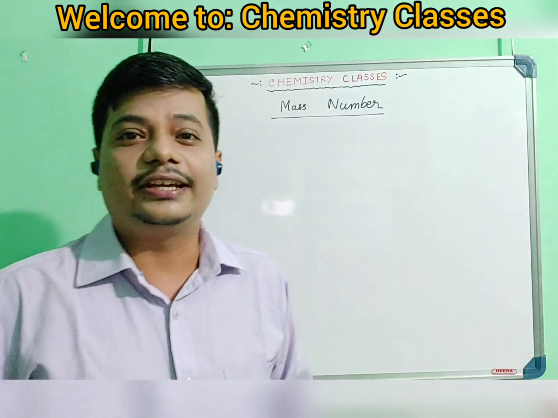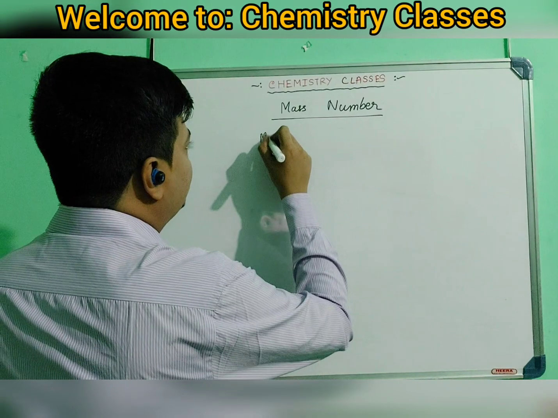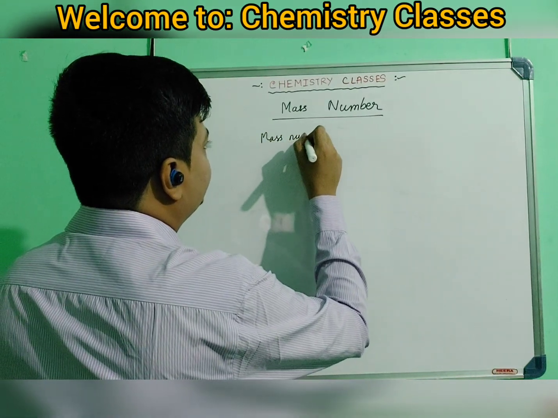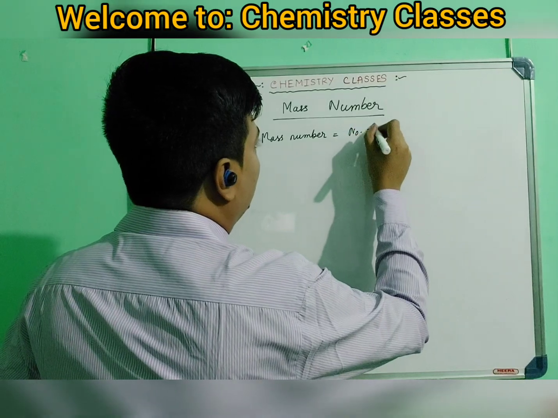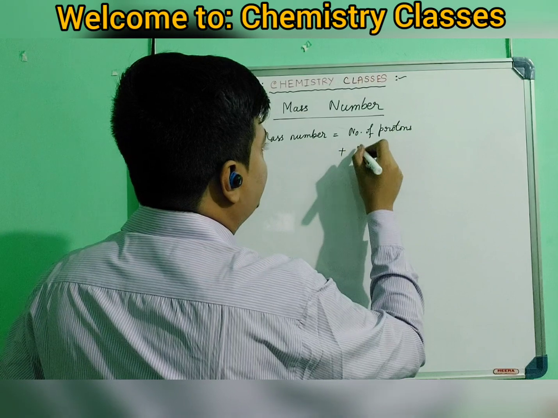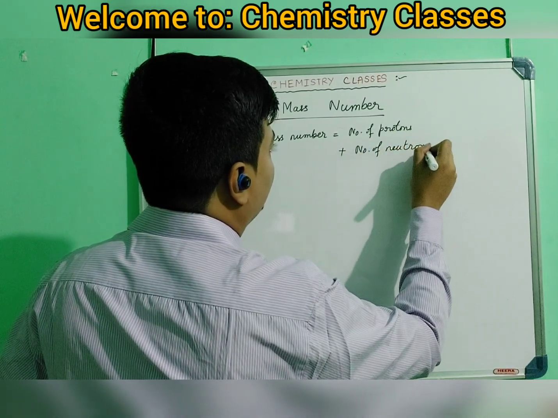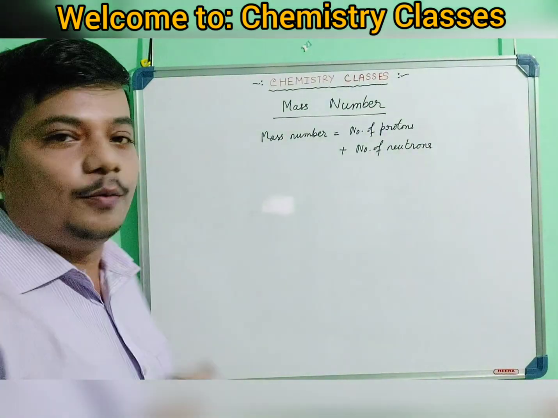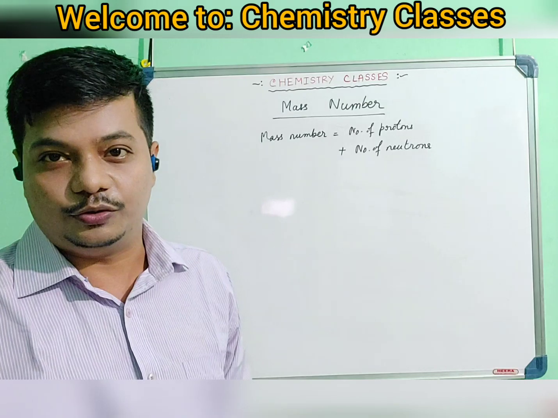Now coming to the next concept, that is mass number. What is mass number? Mass number is equal to the number of protons plus the number of neutrons.